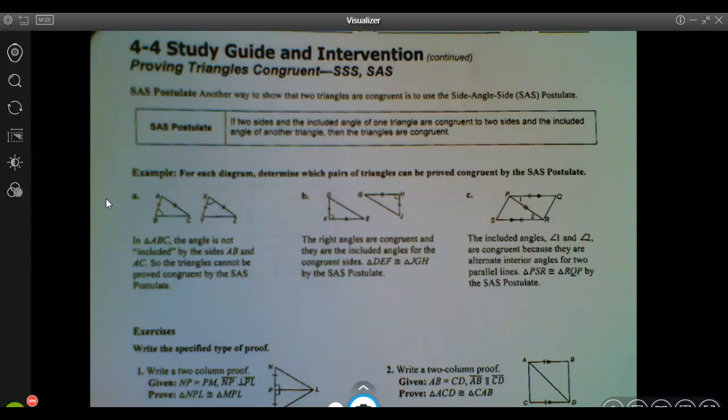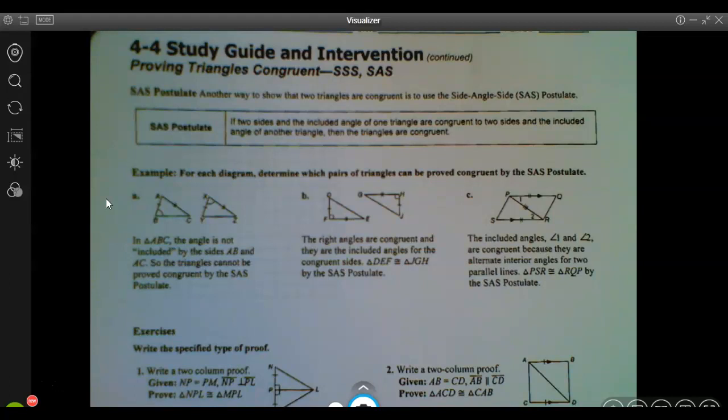But if we were doing a proof, knowing that angle F and angle H are right angles, would we be able to prove that those two angles are congruent? Of course, we have the right angles congruence theorem, which says that all right angles are congruent. And so even though they didn't say angle F and angle H are congruent, if we were doing a proof, we could come up with that information because we have reasons to back that up.